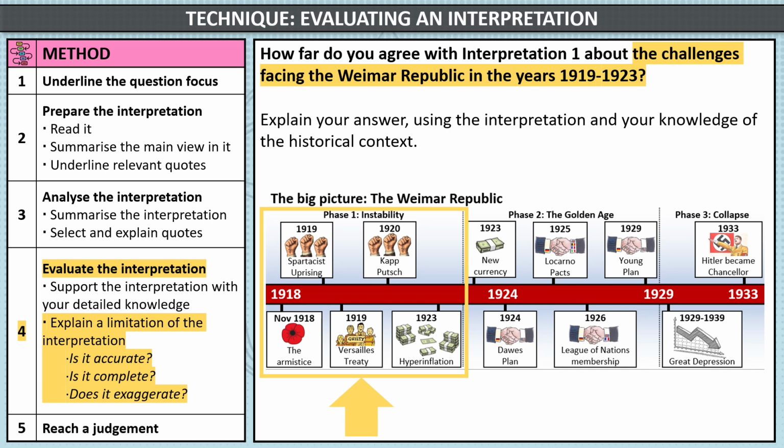And I've also noticed that the interpretation isn't complete. It doesn't include other challenges to the Weimar Republic. It focuses on hyperinflation, but leaves other serious challenges out, like the stab in the back myth, the Treaty of Versailles, and the extremist uprisings. So I'm going to use these points to show that the interpretation is not totally accurate.